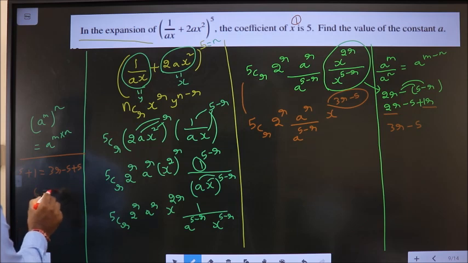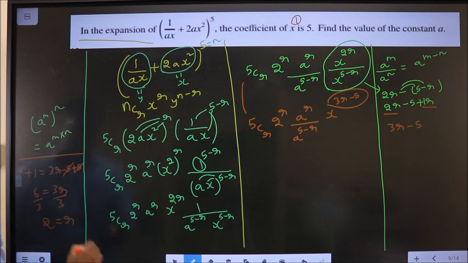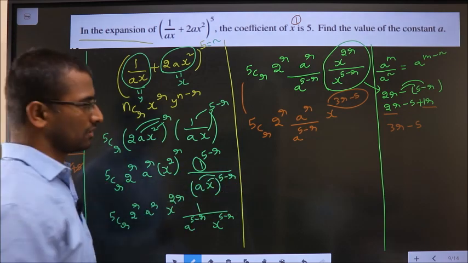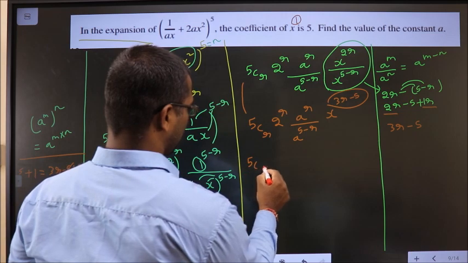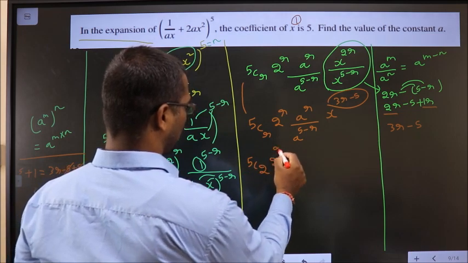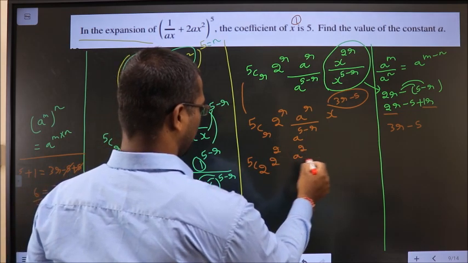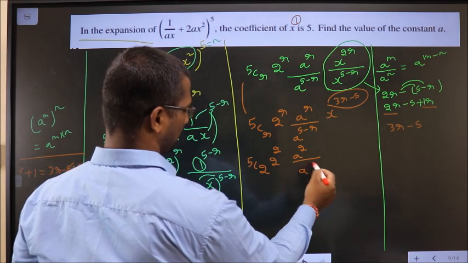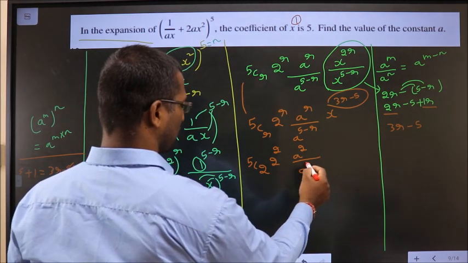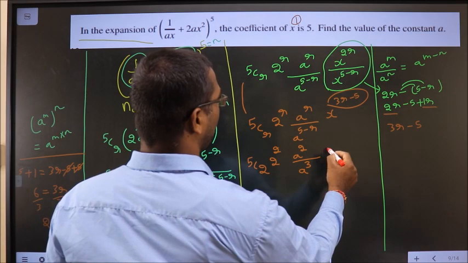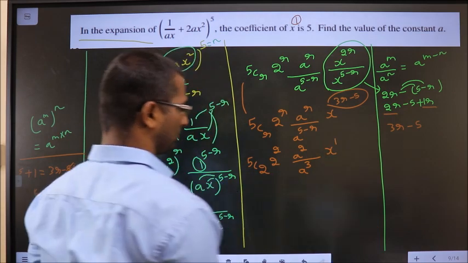So 6 equals 3r, divide by 3. So 2 equals r. Replace that 2 here: 5C2, 2², a² by a^(5−2), no, 5 minus 2 is 3, and x^1.